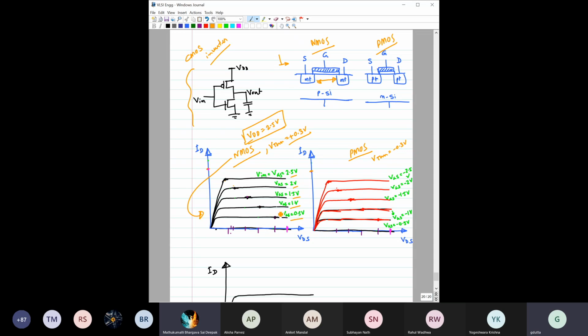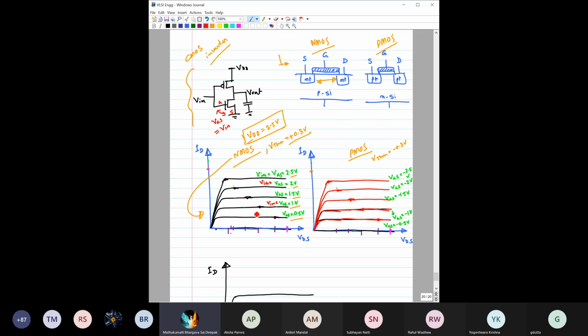Now see this. This is gate voltage, this is source voltage, right? This is VGS, and VGS is nothing but Vin. Am I right? So Vin equal to VGS equal to 2.5. Whatever voltage we are writing here is basically Vin, right?